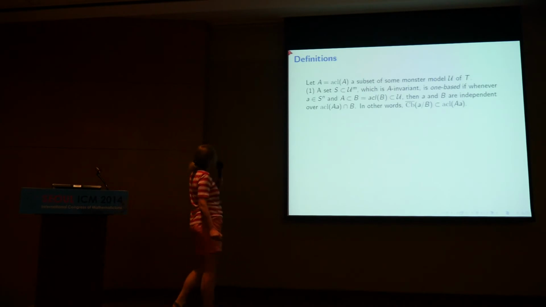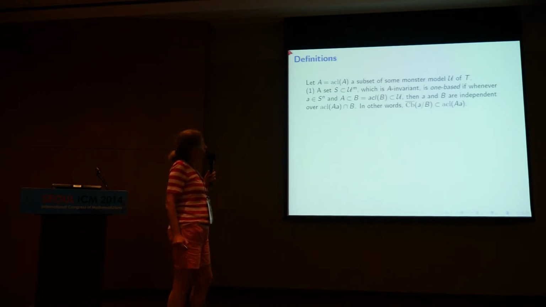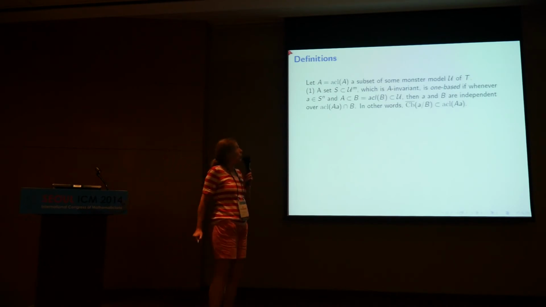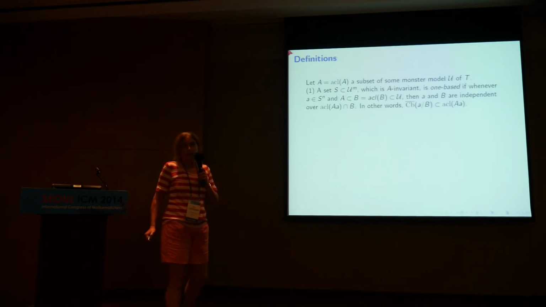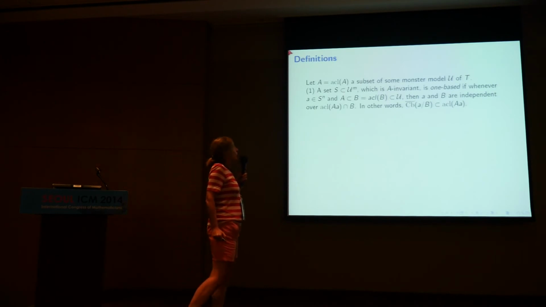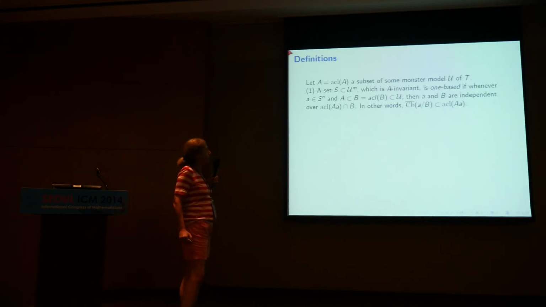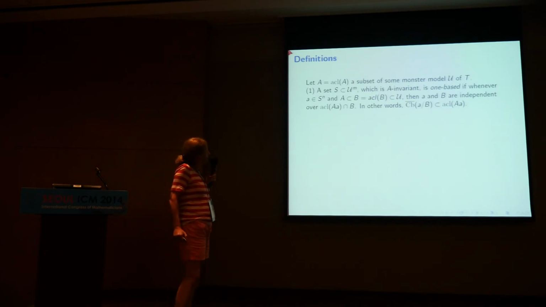So here's the definition. Let's say we have an A-definable set S. It's going to be one-based whenever you take an n-tuple a_1,...,a_n in that set S, and you take some extension B of the base set A, then the elements of the tuple a and this B are independent over the intersection of the algebraic closure of Aa and the algebraic closure of B. So what does it say?